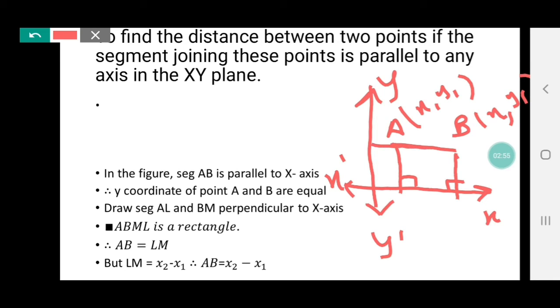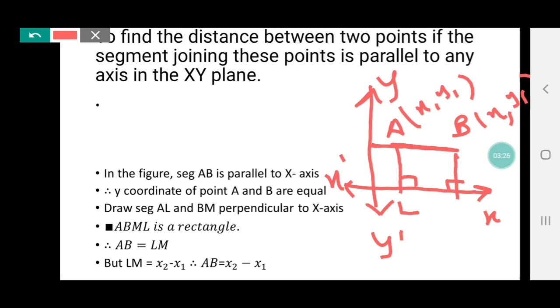Because if I draw a perpendicular, it will represent the same point. Therefore, whenever a line is parallel to the x-axis, its y coordinate is equal. Whichever point I take on that particular segment, its y coordinate will be equal, but the x coordinate goes on changing.